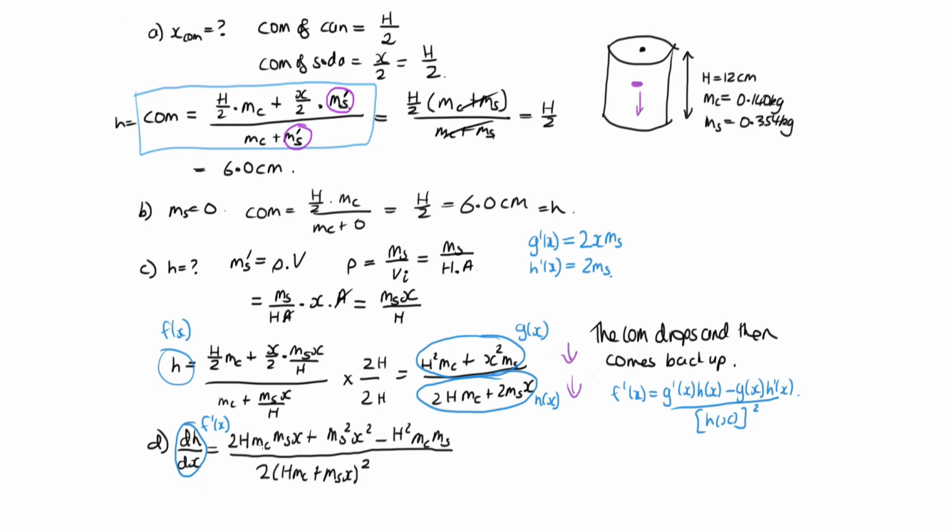And so to find the minimum, this f dash x has to be equal to 0. So we set this equal to 0, which means that just this bit up the top needs to be equal to 0. So we can solve for when this equals 0.